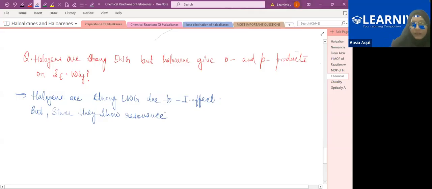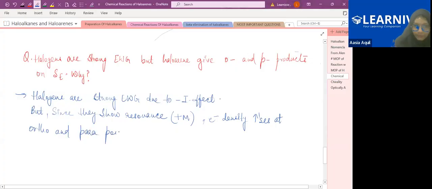Resonance, or plus M effect, plus R effect, mesomeric effect and resonance effect, both are the same, right? So due to plus M effect, the electron density increases at ortho and para position.